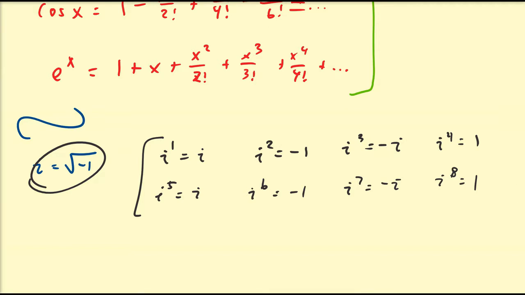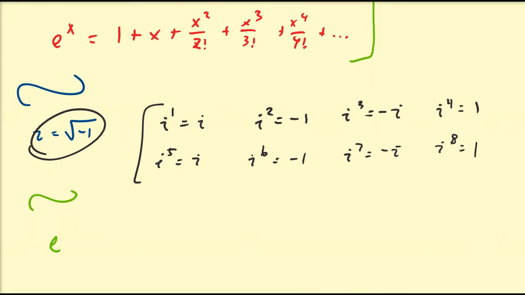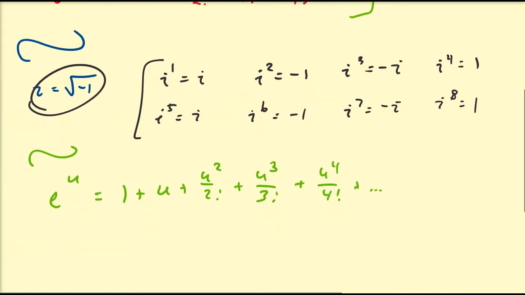So I'm going to consider our Taylor series of e to the u, which in this case is 1 plus u plus u squared over 2 factorial plus u cubed over 3 factorial plus u to the 4 over 4 factorial. And what I'm going to do is let u be equal to ix.